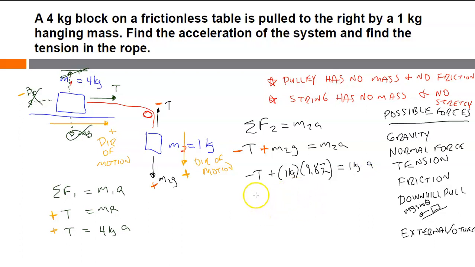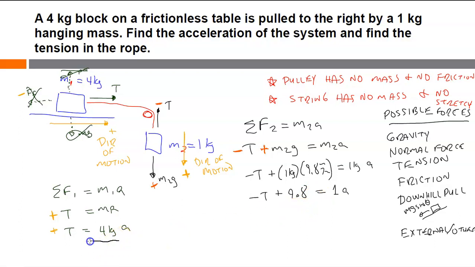Now, I like to simplify these as much as possible, so I'd have negative T. 1 times 9.8 is 9.8. I already know that's a force. It's in newtons. Here's a 1 times A. I'll leave the 1 in. In practice, I'd probably leave the 1 off. Okay, that's my equation, and I can't solve that one either.